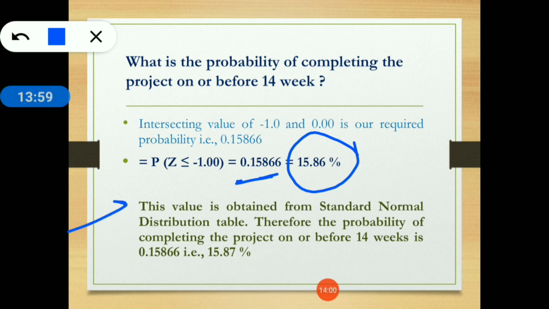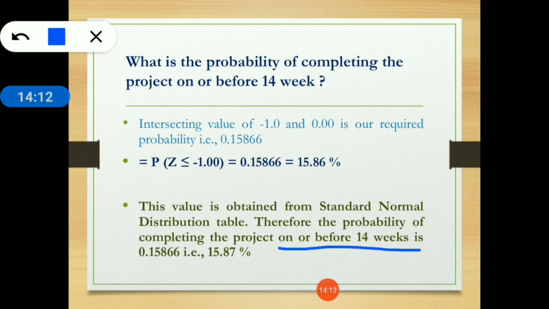You can write your answer: this value is obtained from the standard normal distribution table. Therefore the probability of completing the project on or before 14 weeks is 0.15866 or 15.87%.